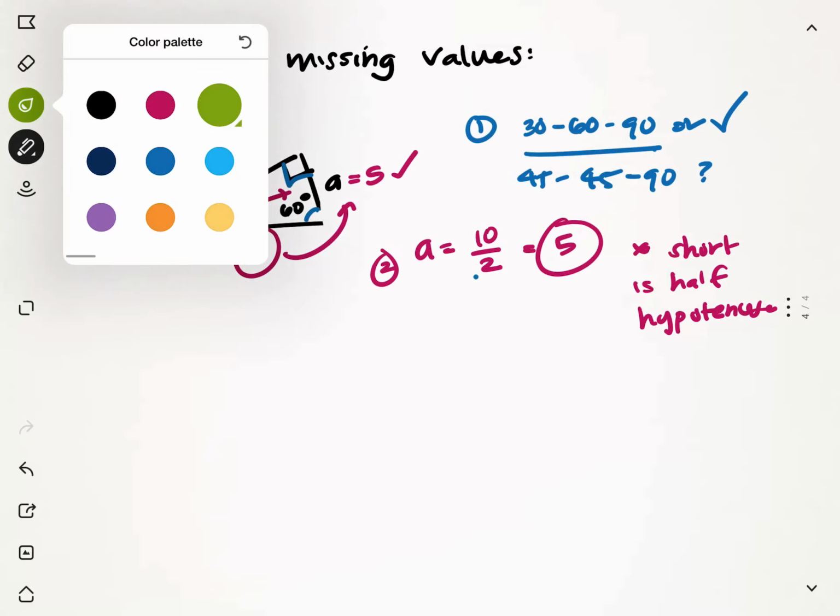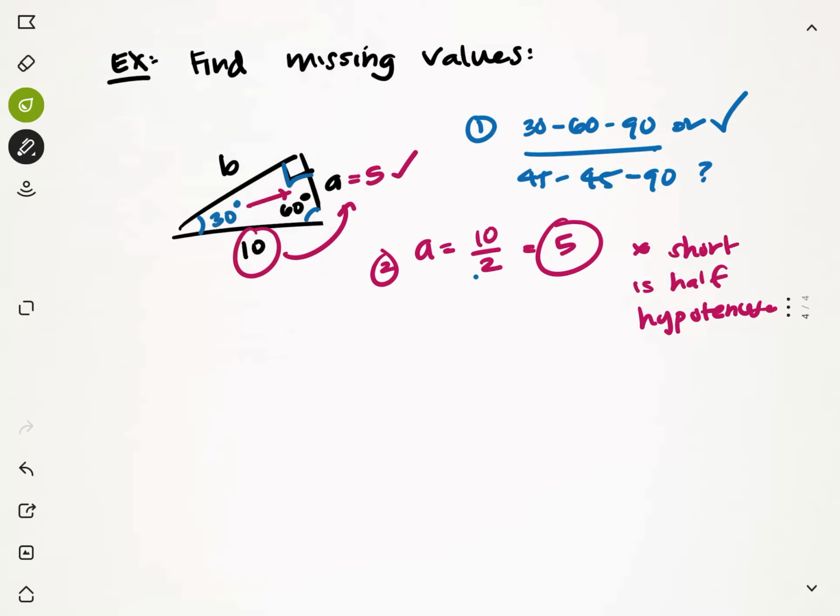Okay. And the last thing, we're going to say to find b, we're going to do 10 times square root 3 over 2. So the medium side is the hypotenuse times square root of 3 over 2.